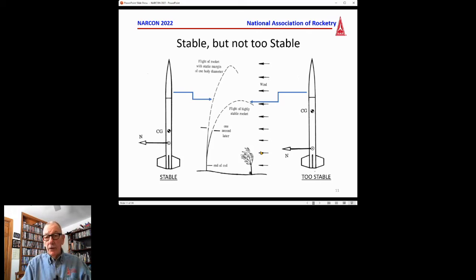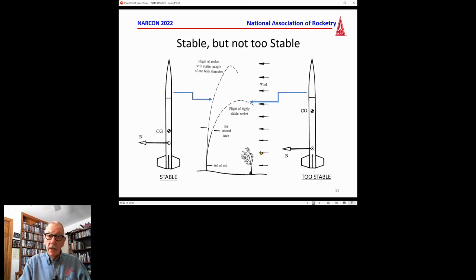So you want that static margin to make sure that your rocket will remain stable. On the other hand, if you have too much static margin, it becomes very sensitive to wind disturbances in particular. And when it does that, it will tend to weathercock much more quickly than if it's less stable or has a tighter stability margin. So you want to be stable, but you really don't want to be too stable.